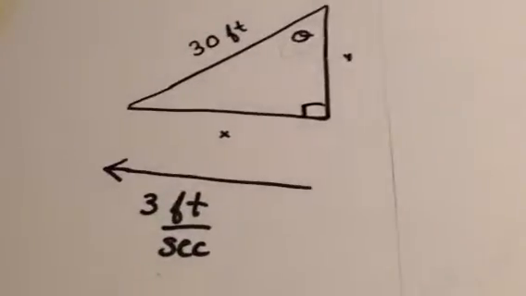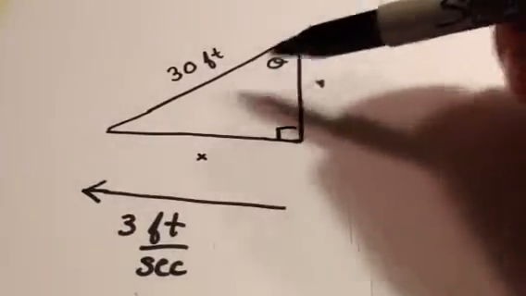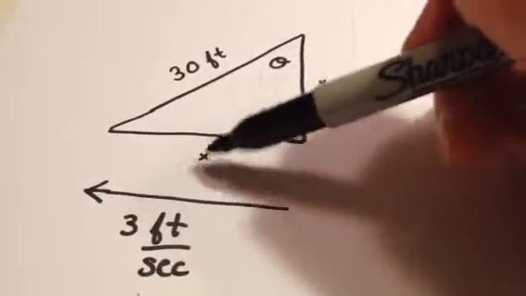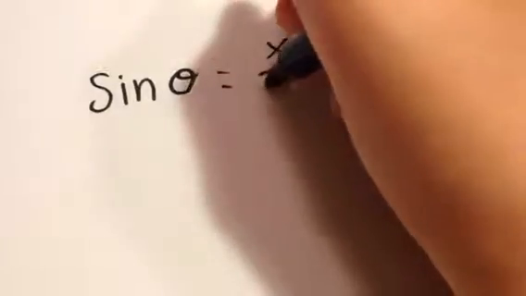First, we're going to use sine theta because we've got an angle, we've got the opposite side right here, and we've got a hypotenuse. So we're going to have sine theta is equal to x over 30, 30 being the ladder.